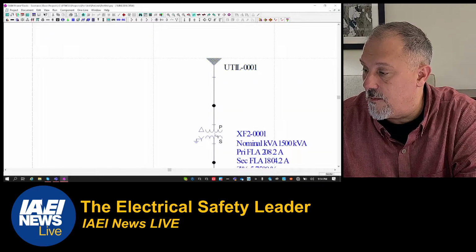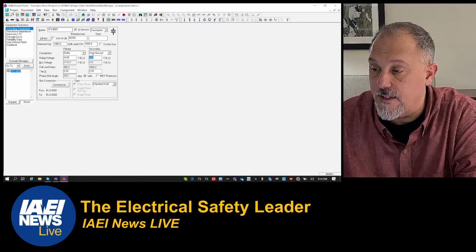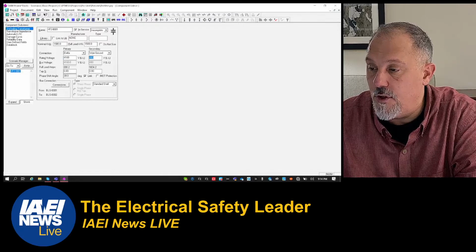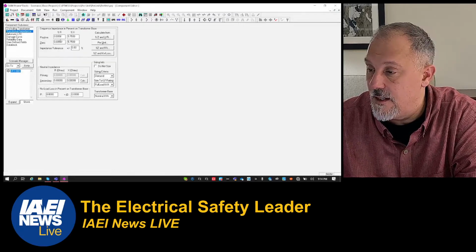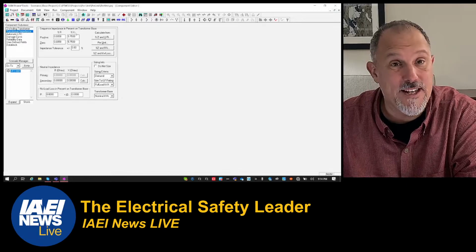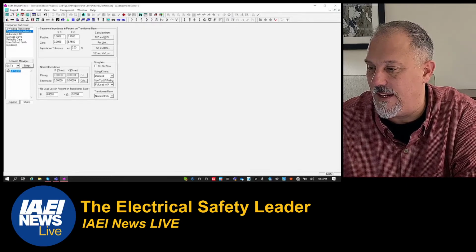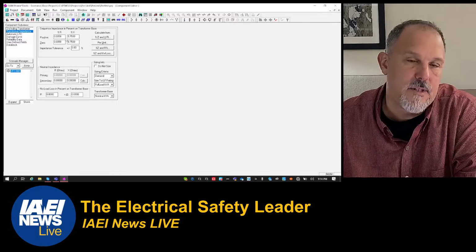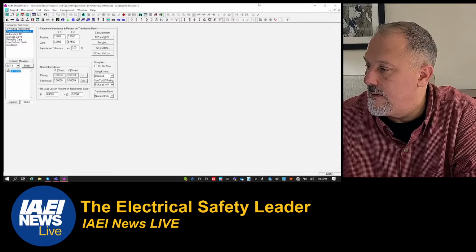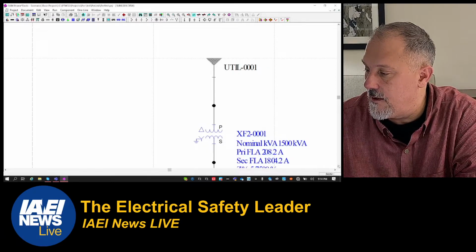Here's my transformer, 1500 kVA, 4160 primary, 480 volt secondary. When you go to transformer impedance, this is your 5.75 percent X, and it's got 0.0058 for R. It's effectively zero. There's my impedance of my transformer.